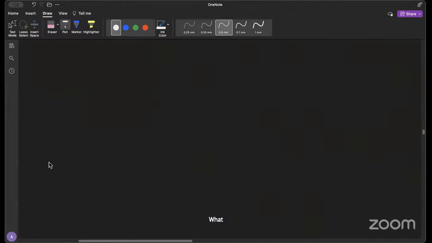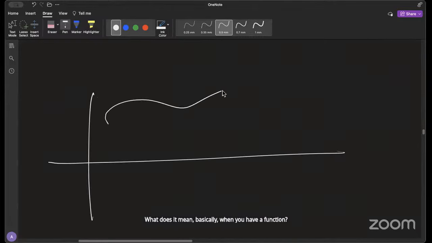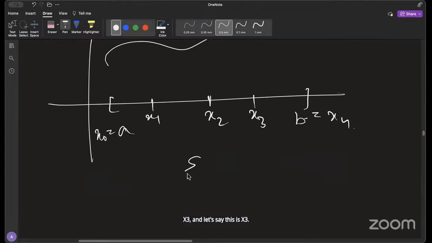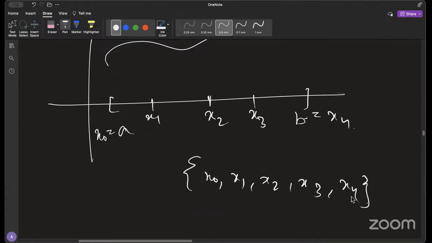What does it mean? Basically, when you have a function, let's say this is the function, you have an interval AB, and you have a partition. This is, let's say, x0, this is x1. You have x2, x3, and x4. Then your partition is x0, x1, x2, x3, x4.